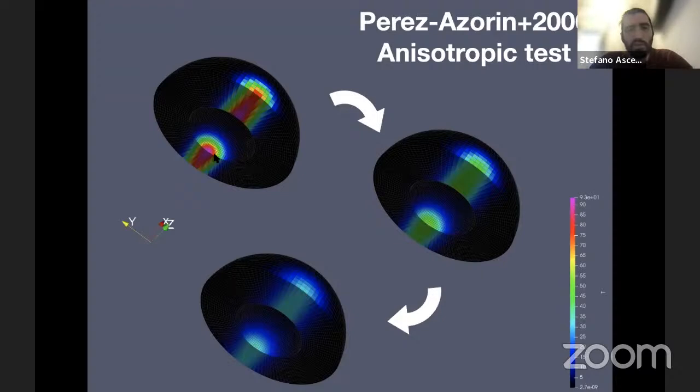I show you because I think in this kind of plot you can see very well how the heat diffuses, according to what I was describing in the introduction. Namely, the magnetic field is in this direction, of course, and the heat diffuses very efficiently in the direction of the magnetic field, but in the direction perpendicular to the magnetic field, the diffusion is strongly suppressed.